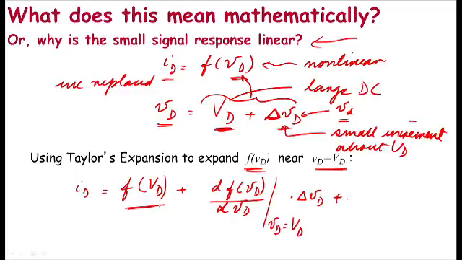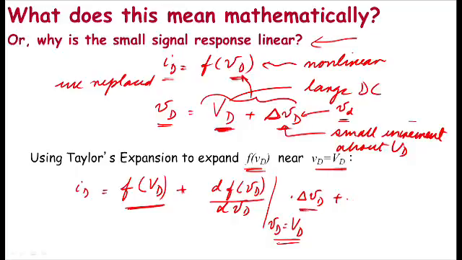So by Taylor series, I compute the function at the fixed point, the DC point, and then I take the first derivative of the function, d by dvd of f of vd, evaluated at vd equals capital Vd, times the incremental change in Vd.